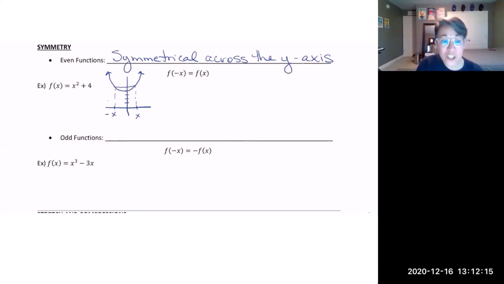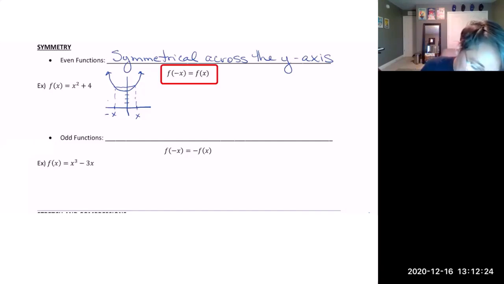The easiest way to check if a function is even is to plug in a negative x, or the opposite of x, into the function, like so up here, and see if we get the original function back. So if we took our f of x and plugged in the opposite of x, then we would get the opposite of x, that quantity squared, plus 4.